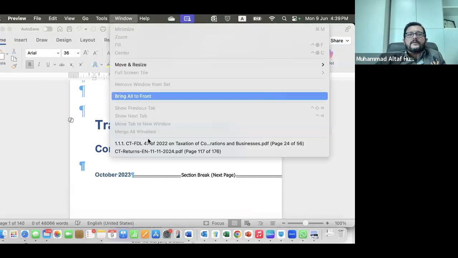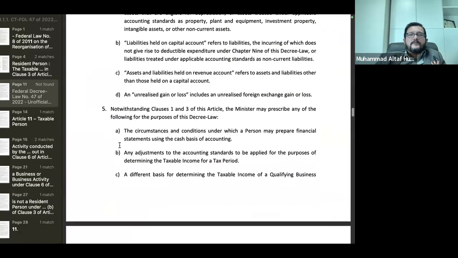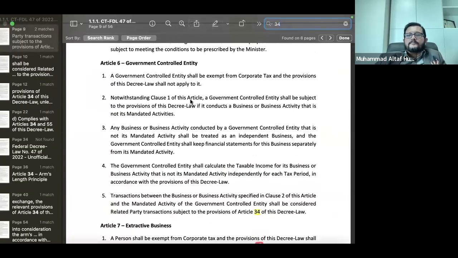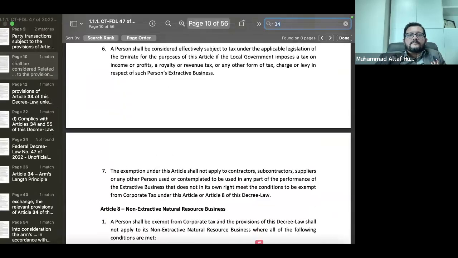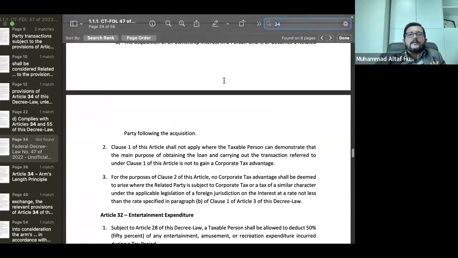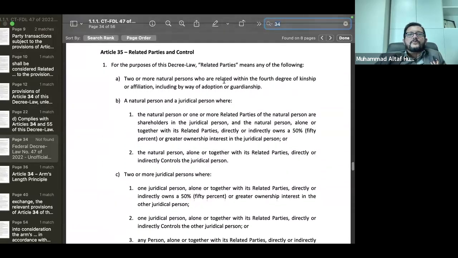What we do is we look at things which are not intuitive. We must have quoted somewhere to refer back to. Let's go to 34, I will show you.